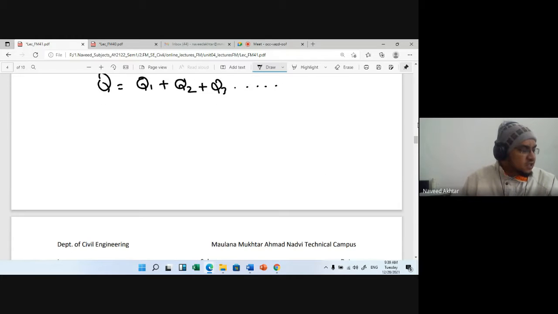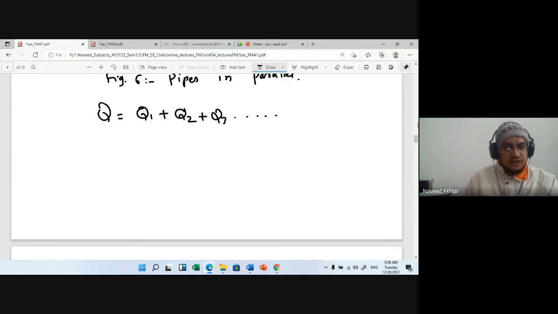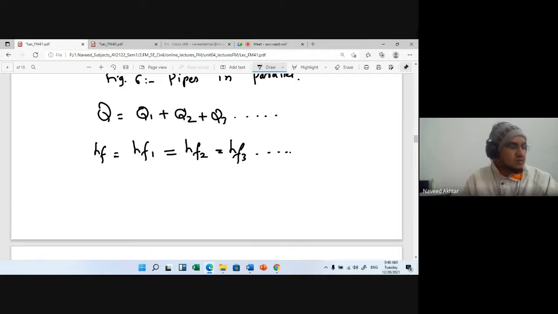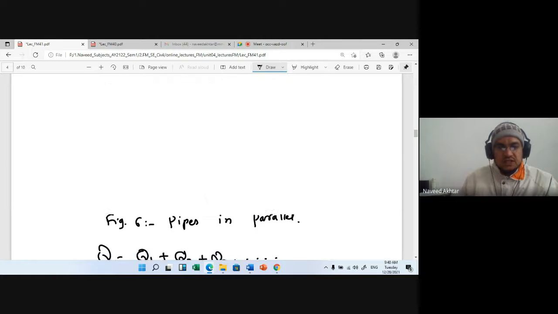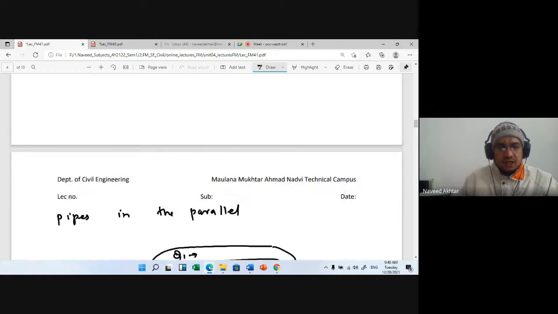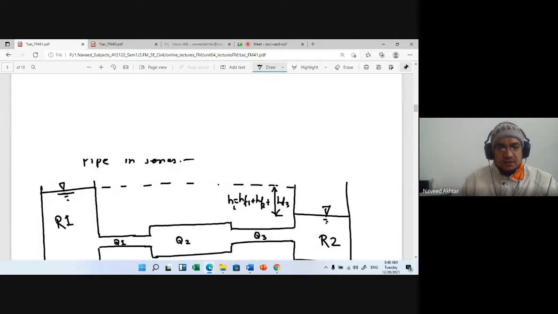So in a parallel system, the loss due to friction, HF, will be the same in all the pipes. So these are the pipes in parallel or in series. You have to write it down like this. These are the concepts of pipes in parallel and pipes in series.